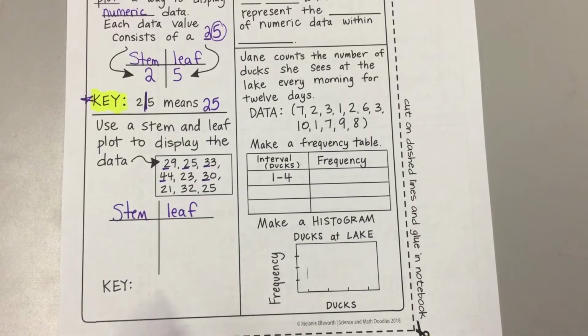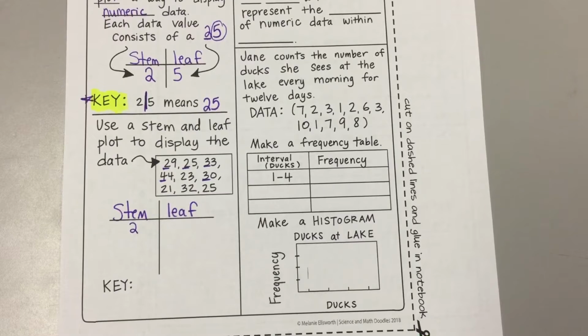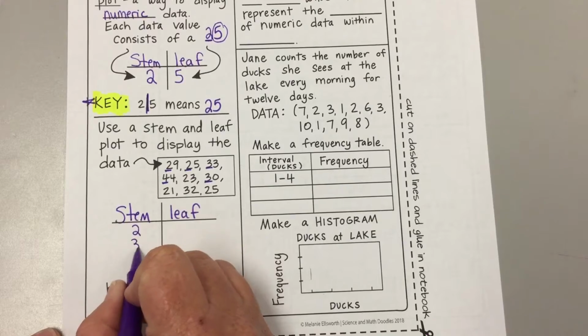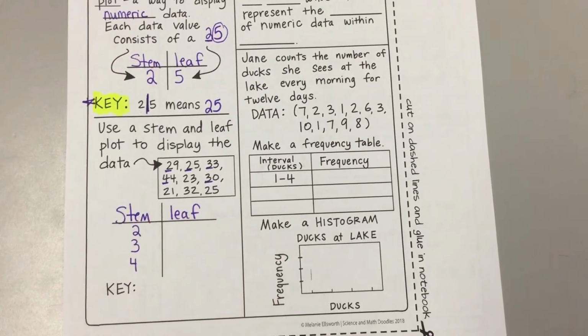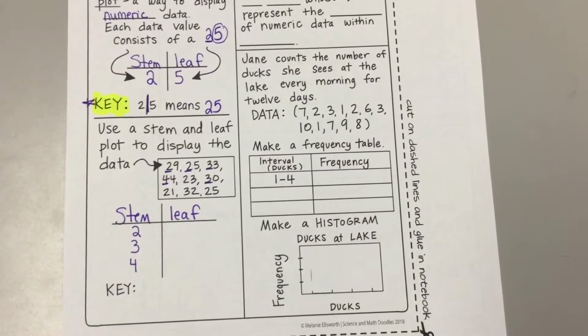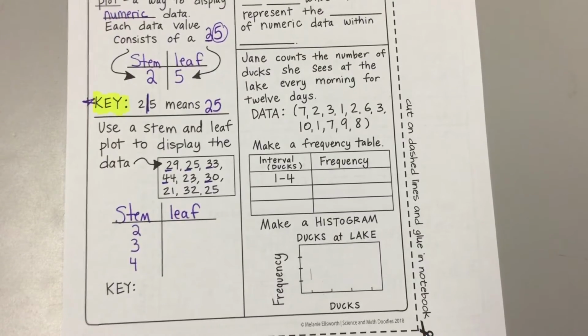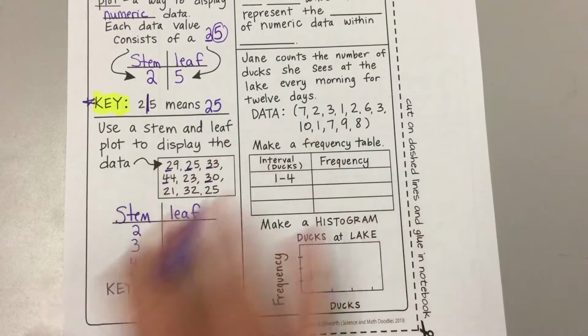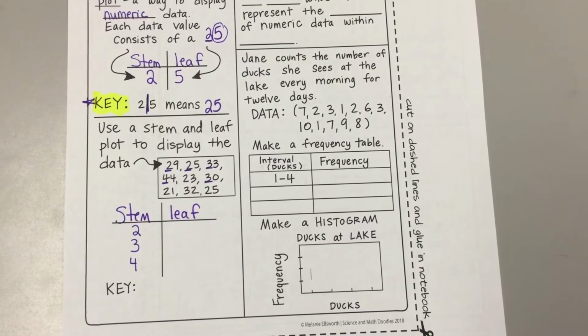If I'm going to start with a 2, then I have to go in order: 2, 3, 4. I can't say, oh, I don't have any 3s, so I'm going to skip 3 and go 2, 4, 5, 6, 7. I have to go in order. So this would be 2, 3, 4. That's as much as I need to go. I don't need to do 5 and 6. If I had a 50 or a 60, then I would write that. All right. So I've got my stems.